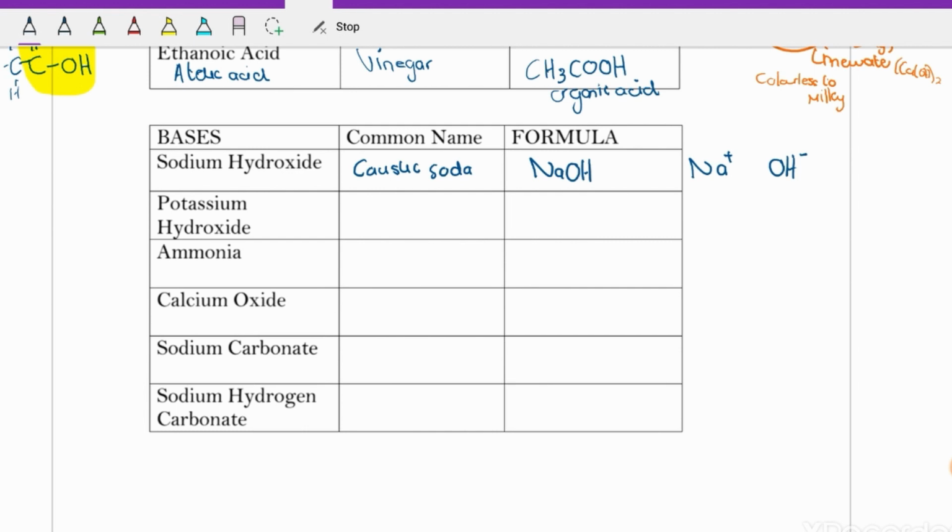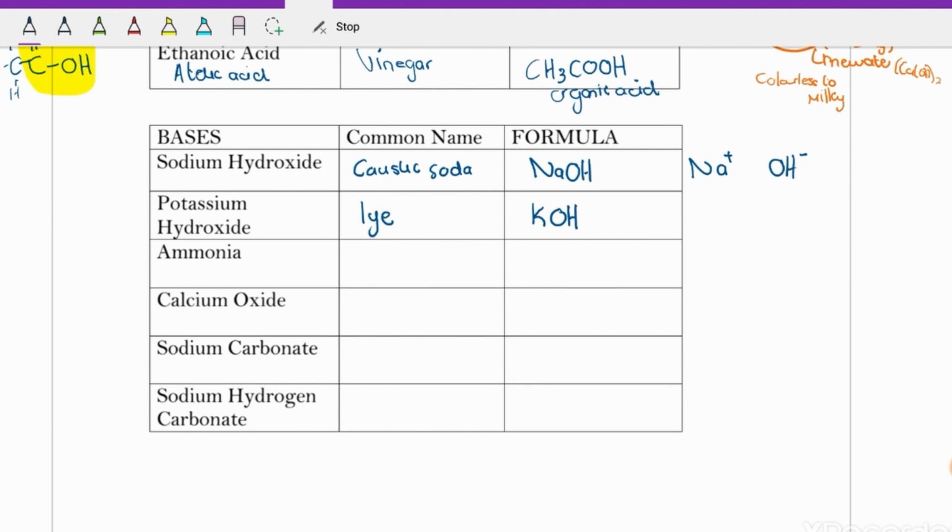Remember that sodium hydroxide, you normally get them in soaps and cleaning detergents. The same as potassium hydroxide, you normally see them in soaps and so on. The common name for potassium hydroxide is lye, and the formula is just KOH. Potassium plus a hydroxide.